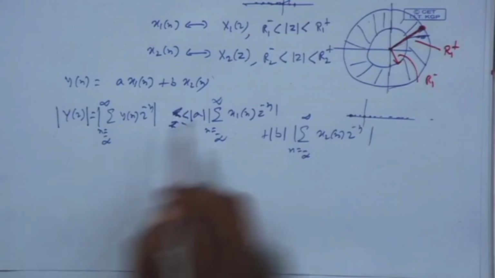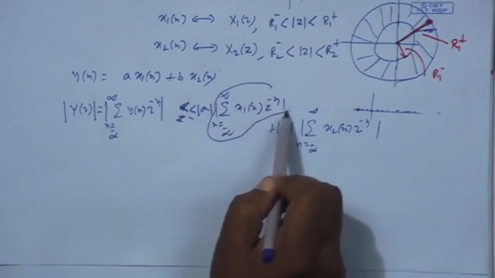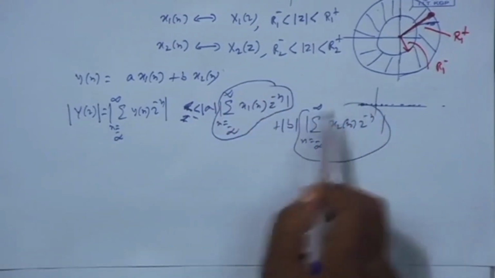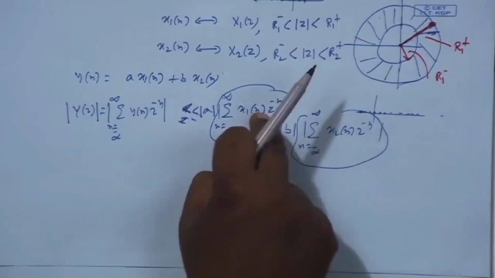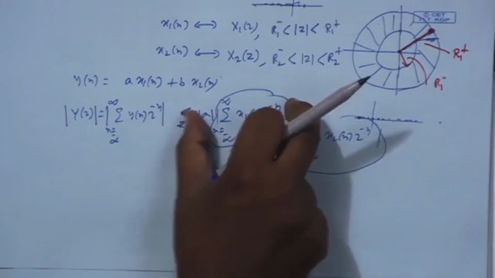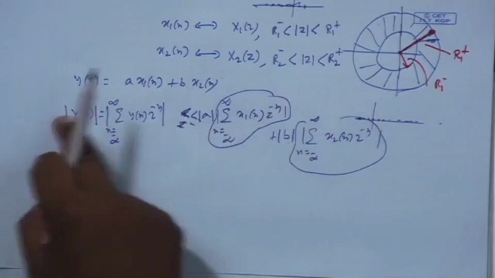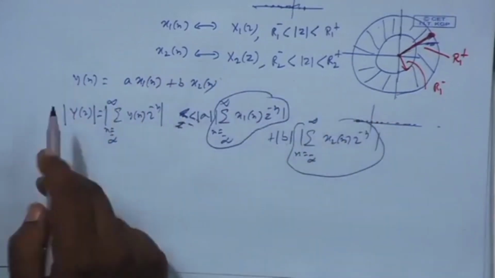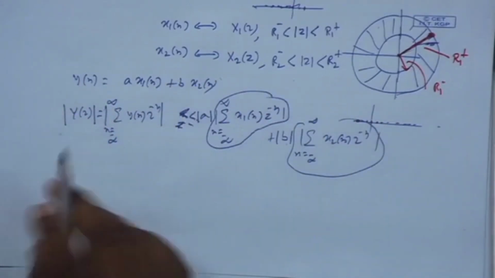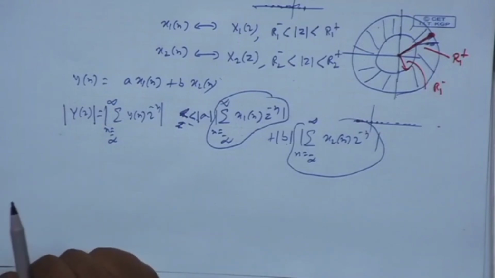It should be such that both of these remain finite. Mod A, mod B, they are already finite. So, if it is finite for any z, then summation is finite, mod Y(z) for your chosen z is less than equal to something finite, which means mod is finite. So, Y(z) exists because its magnitude is finite.